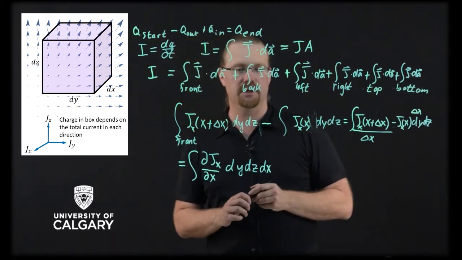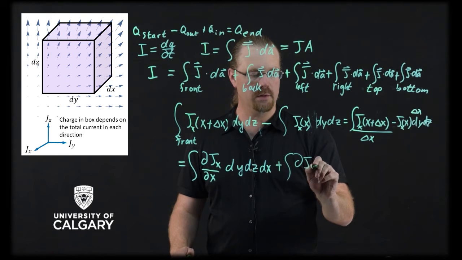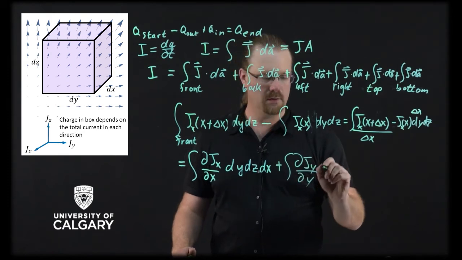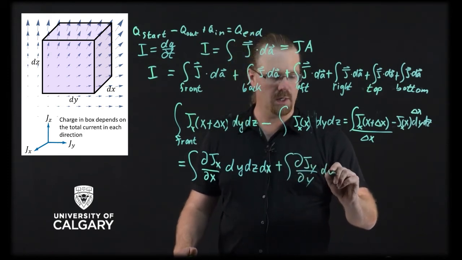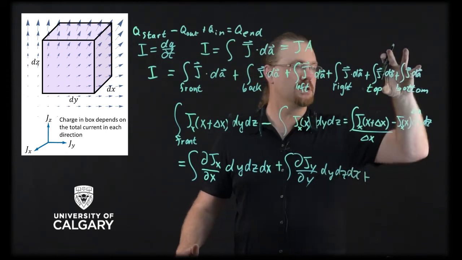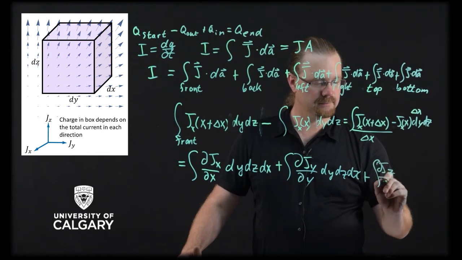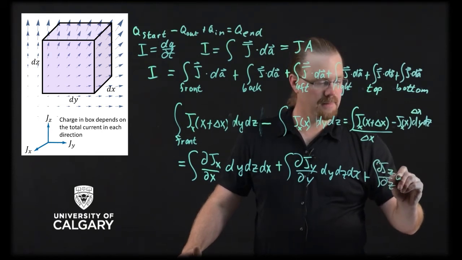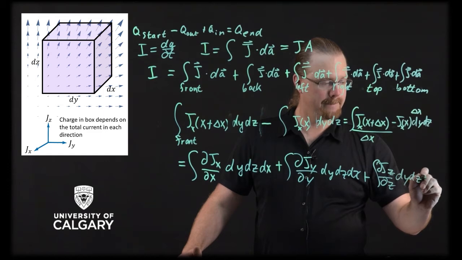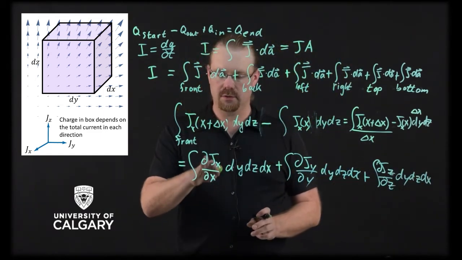The left and right, of course, would give us our partial derivative of the y component with respect to y, dy dz dx, plus this would give us the z component, and we can combine all of this.